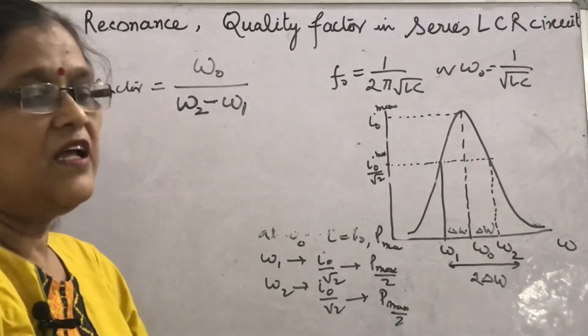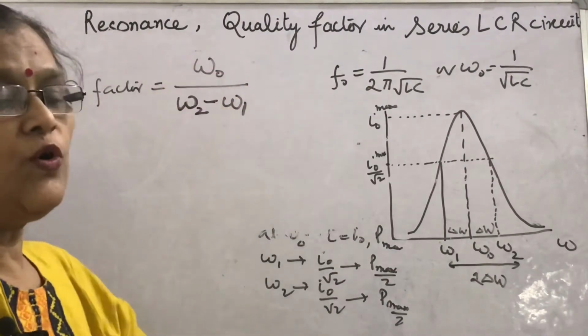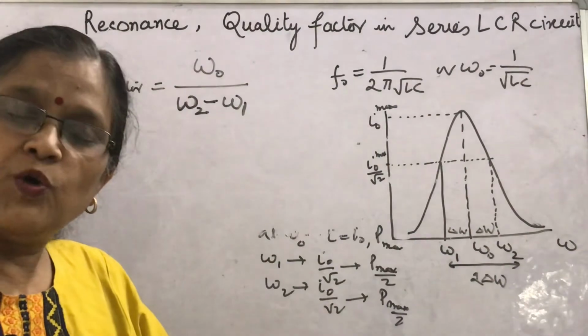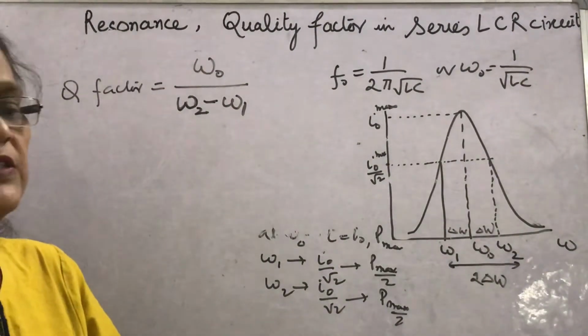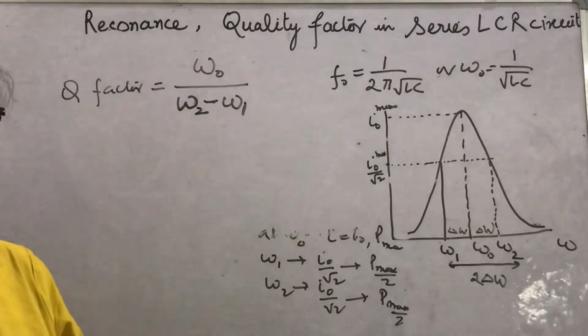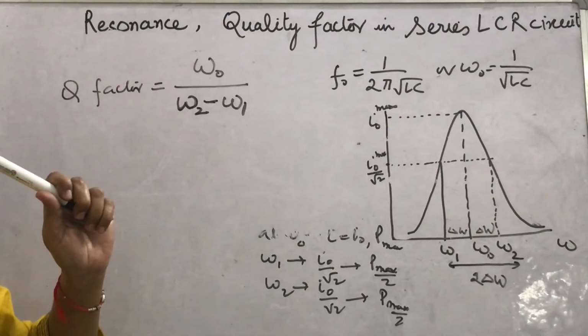We can say that quality factor is the ratio of resonant frequency to the frequencies on both sides of omega naught, such that at each frequency the current amplitude becomes 1 upon root 2 times the value at resonant frequency.